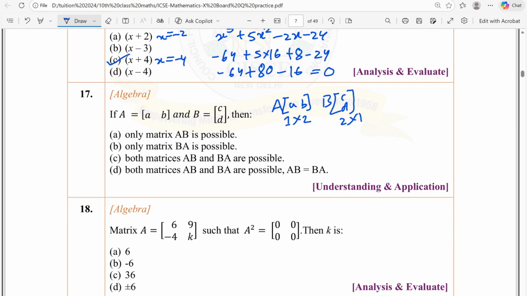For matrix multiplication to be possible, the number of columns of the first matrix should be equal to the number of rows of the second matrix. So AB is possible.